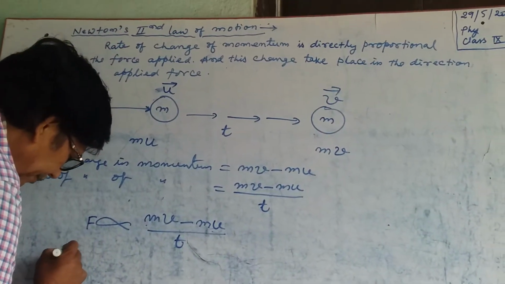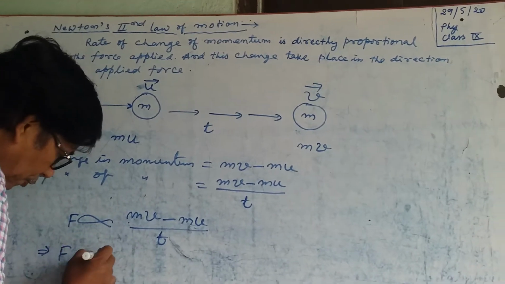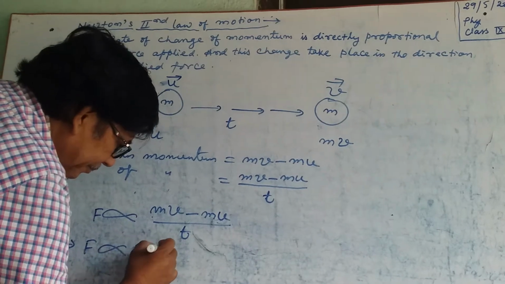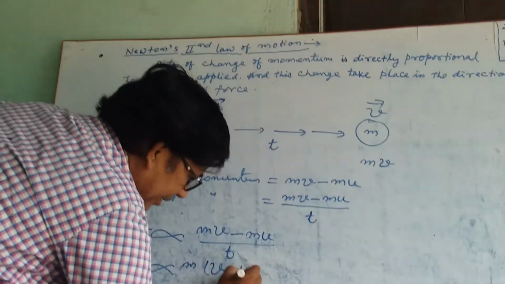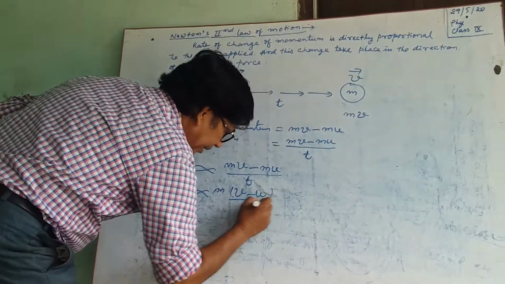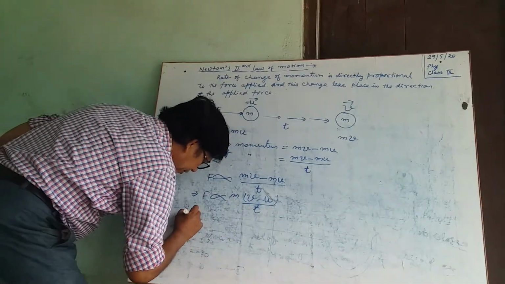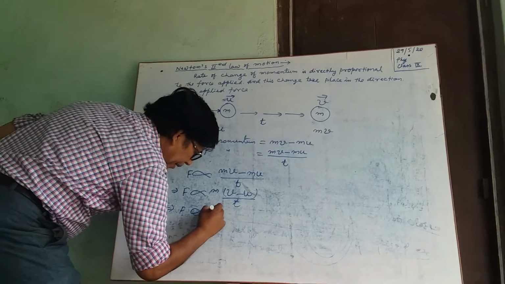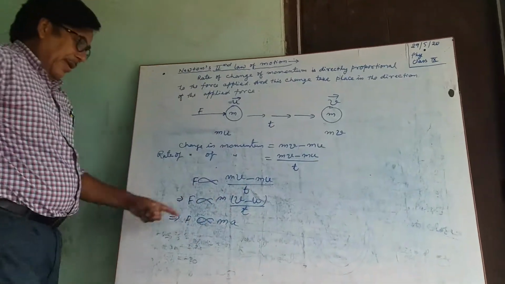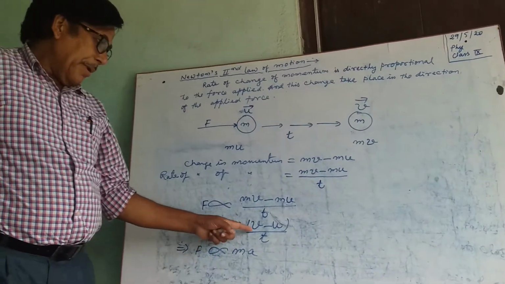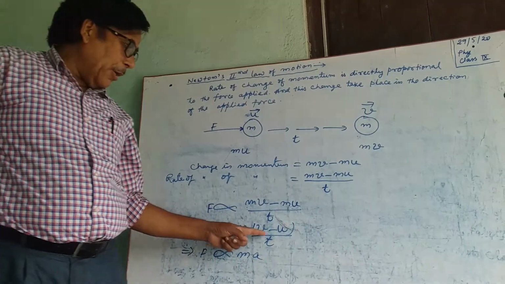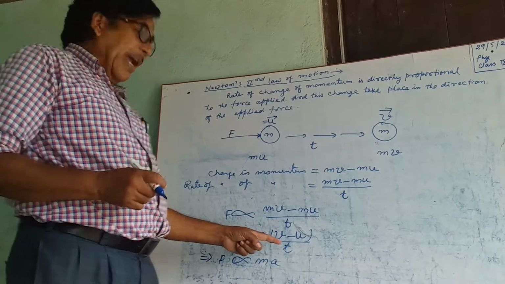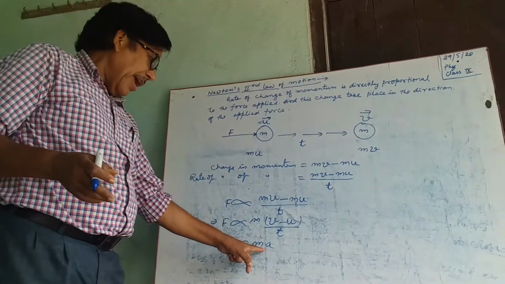Therefore, F is proportional to m(v minus u)/t, or F is proportional to ma. Why ma? Because (v minus u)/t means rate of change of velocity, and from the definition we know that rate of change of velocity is acceleration.